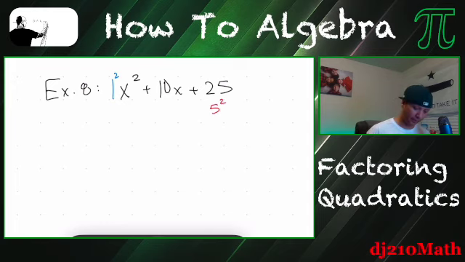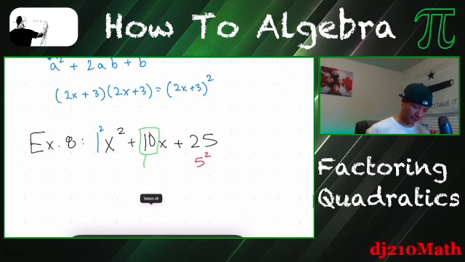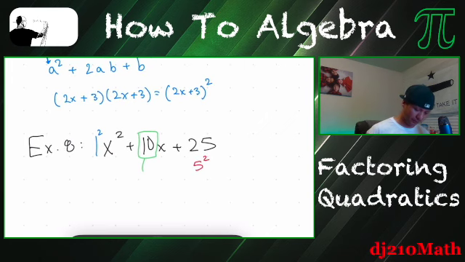So if we look at the middle term, do you remember the shape of the formula? A squared plus 2ab plus b squared. So in the middle, we're looking for 2 times a times b, which is in fact 10.